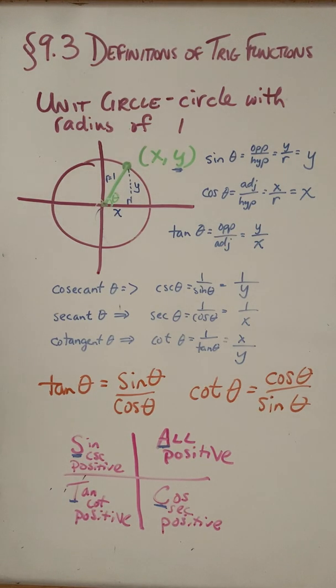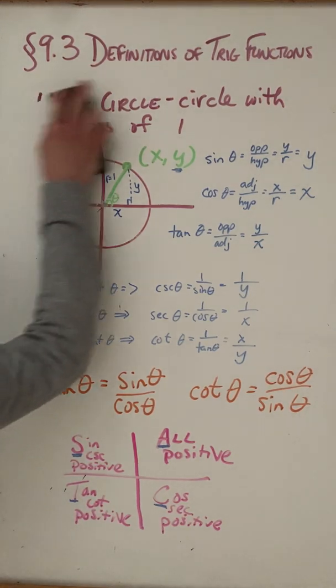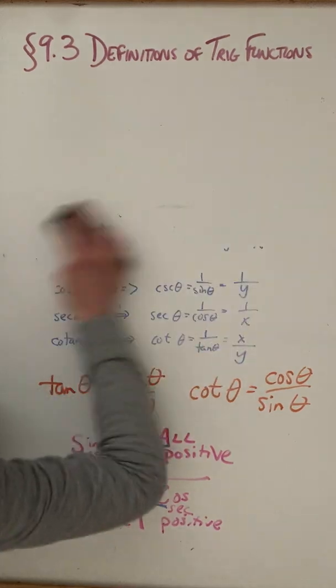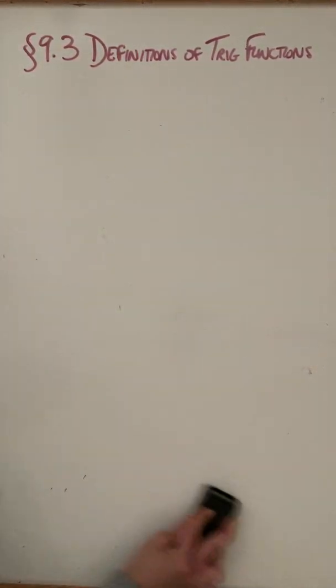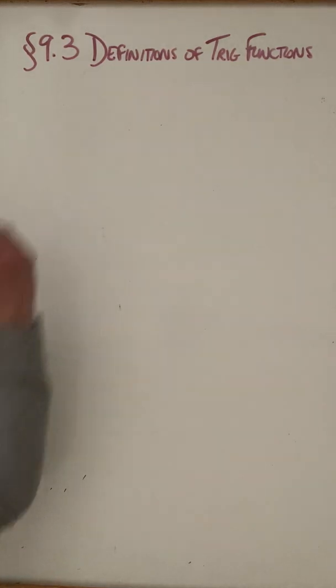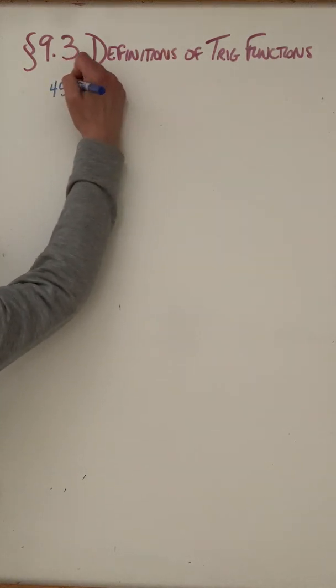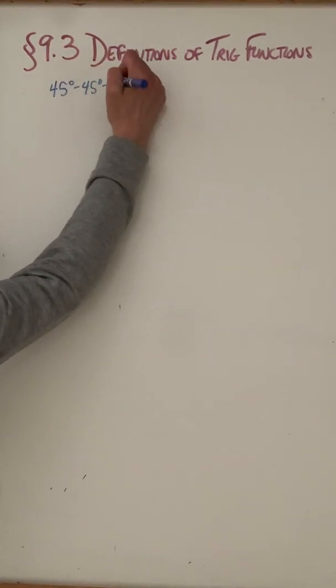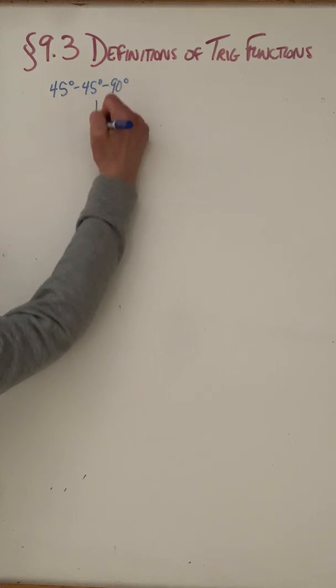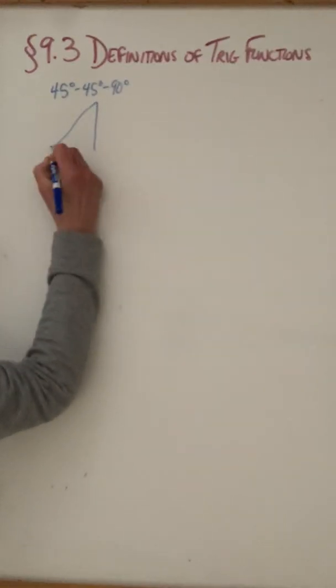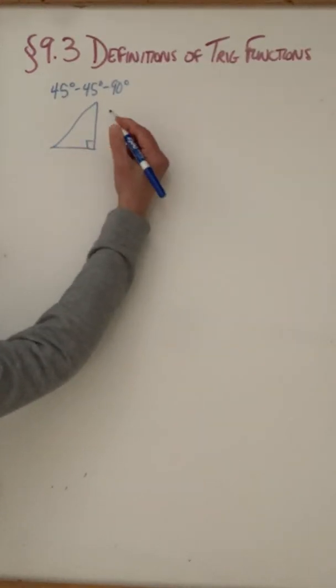Now we're going to take all of this and put that together with what we know from geometry about our special right triangles. In geometry you have 2 special right triangles: a 45, 45, 90 and a 30, 60, 90 triangle. Let's refresh your memory about those. Oh my gosh, that's the worst triangle I've ever drawn in my life.